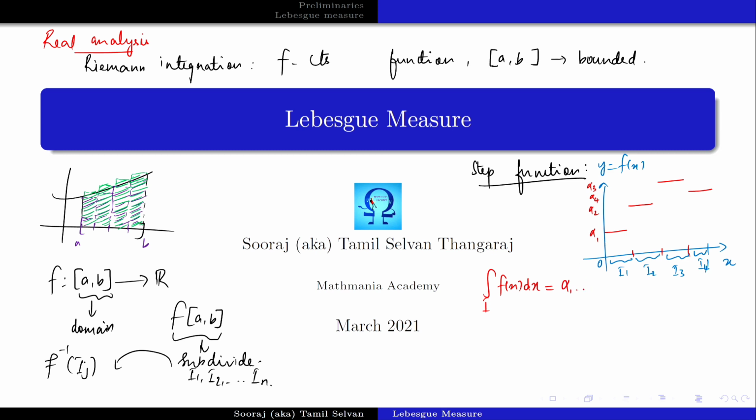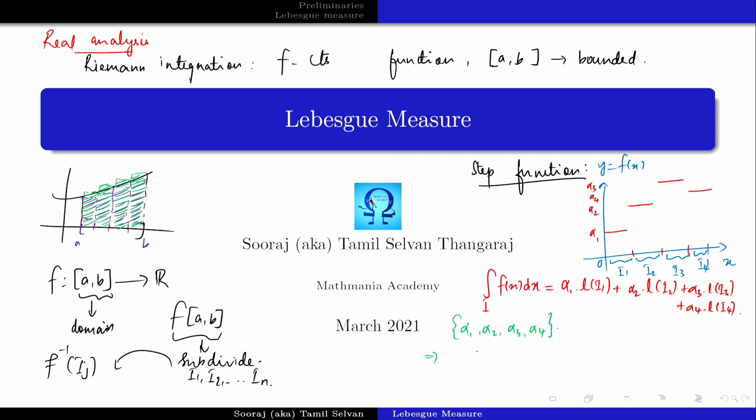So alpha 1 times length of I1 plus alpha 2 times length of I2 plus alpha 3 times length of I3 plus alpha 4 times length of I4. This is the integral value. Now, the Lebesgue approach is we look at the codomain. Here, what is the codomain? That is simply alpha 1, alpha 2, alpha 3, and alpha 4.